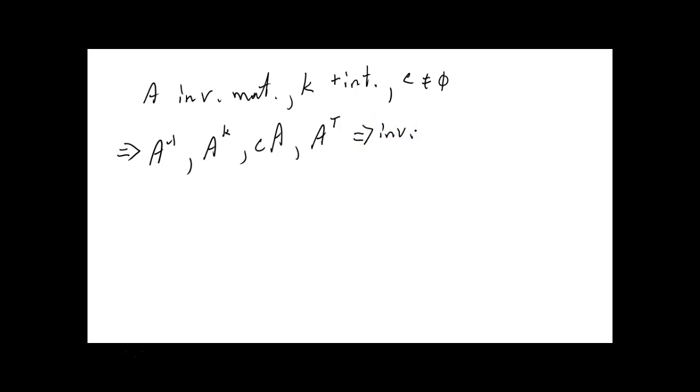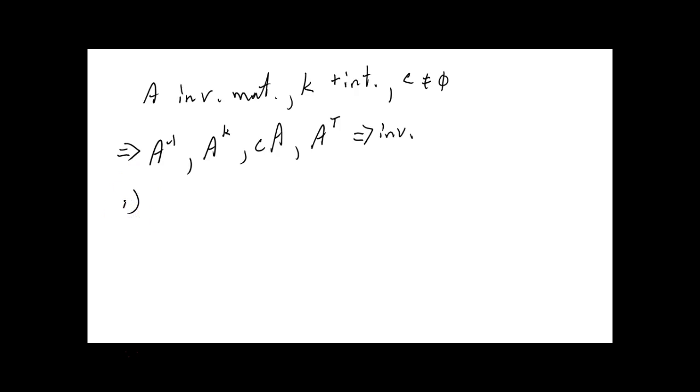If A is invertible, its inverse, of course, is invertible. Its scalar multiple is invertible, and its transpose is invertible. All of those are. Okay?